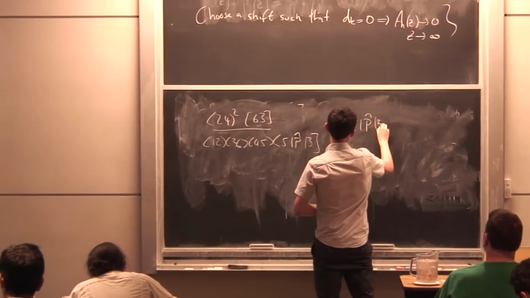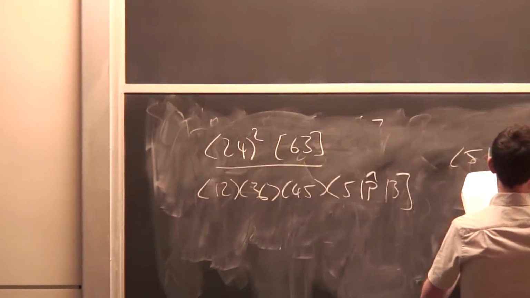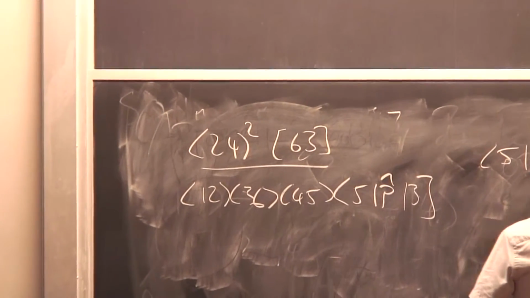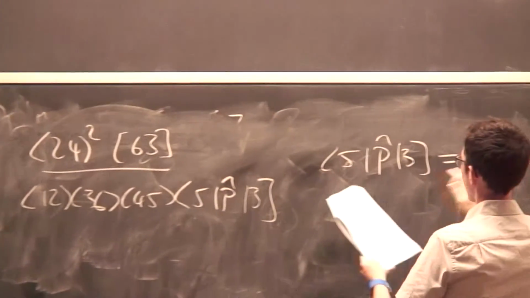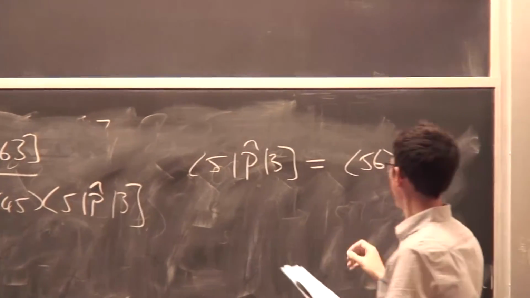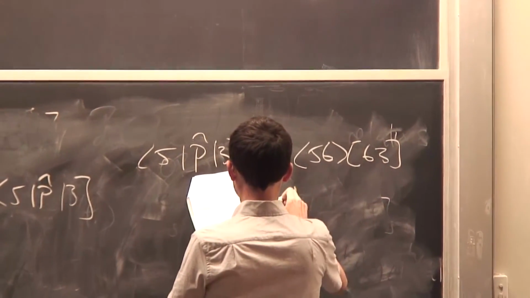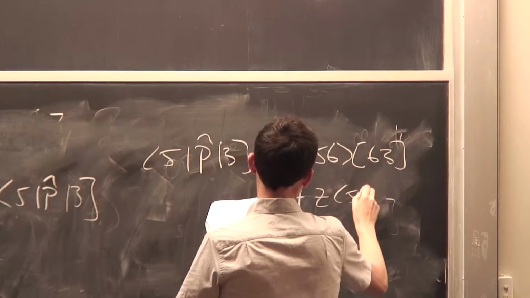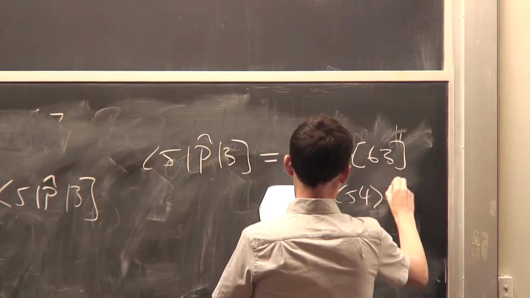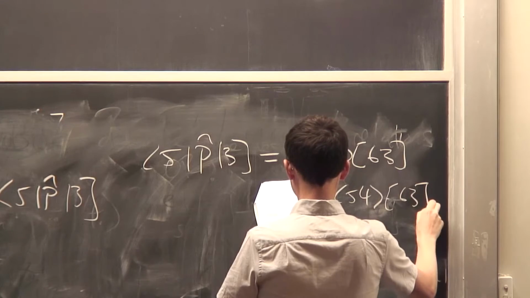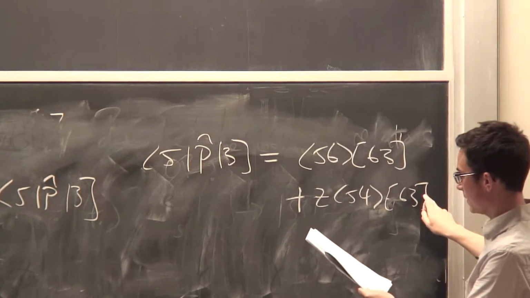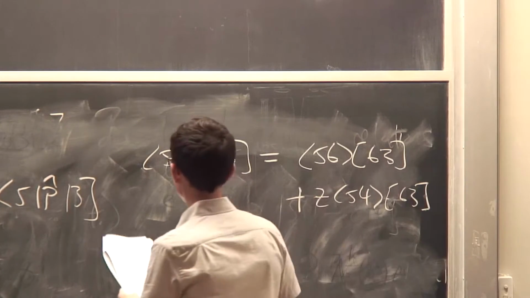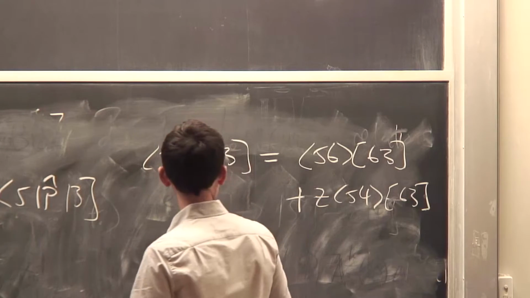5 p hat 3 is 5, 6, 6, 3, which is coming from the unhatted bit of p. And then I get the z-dependent bit, which is 5, 4, 6, 3. So you see there's a 6, 3 that I can factor, and that's going to cancel the 6, 3 in the numerator.